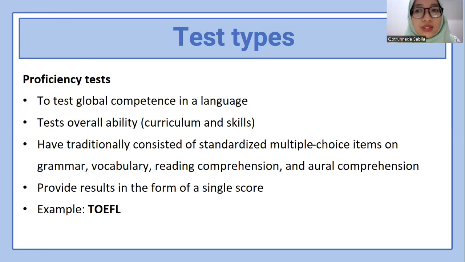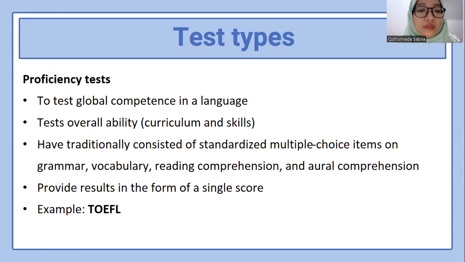And then the proficiency test. If your aim is to test global competence in a language, then you are, in conventional terminology, testing proficiency. A proficiency test is not limited to any one course, curriculum, or single skill in the language. Rather, it tests overall ability.